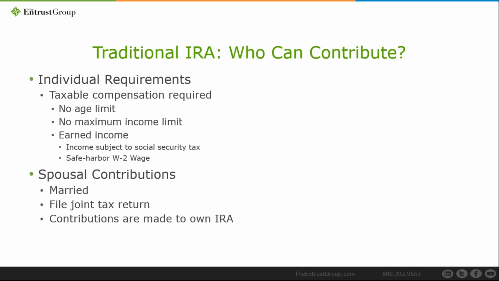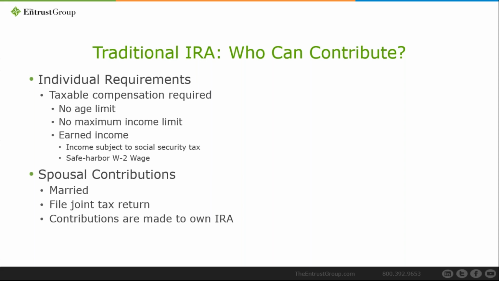However, if it's positive, then that amount could be used as earned income because that amount of income is subject to what we call Social Security tax. Self-employed individuals do pay that Social Security tax of 15.3% on incomes that they earn if their net business income is positive.